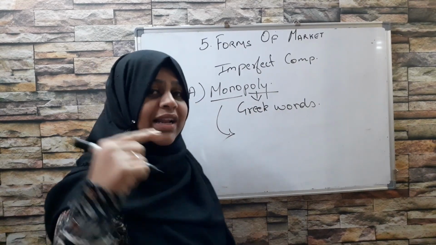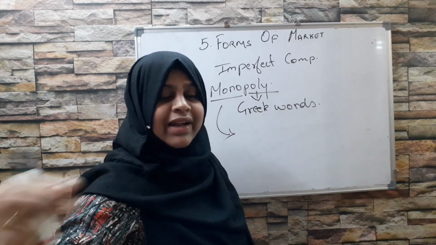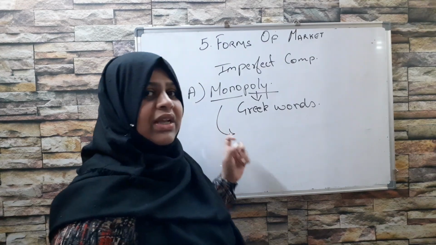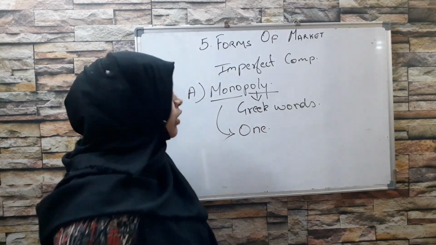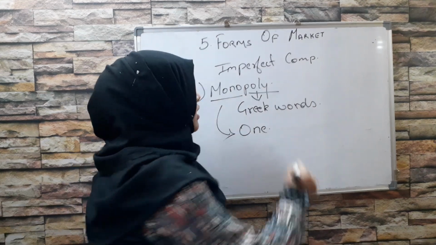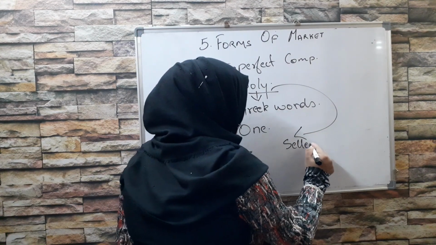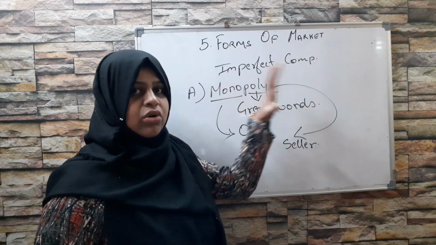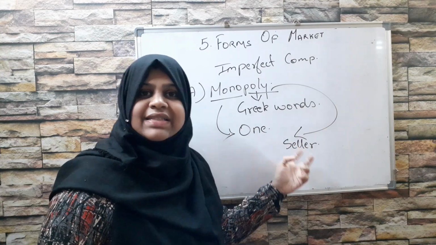Mono, bi, tri. Mono means one or single. Mono means one and poly means seller. So the term monopoly together means one seller or single seller.